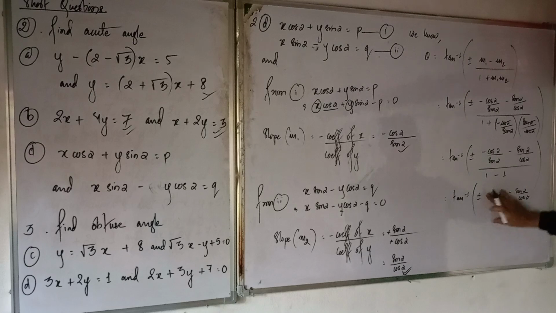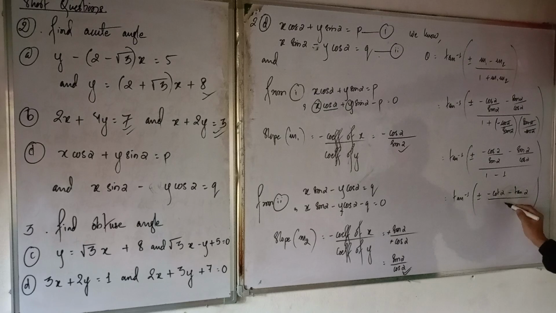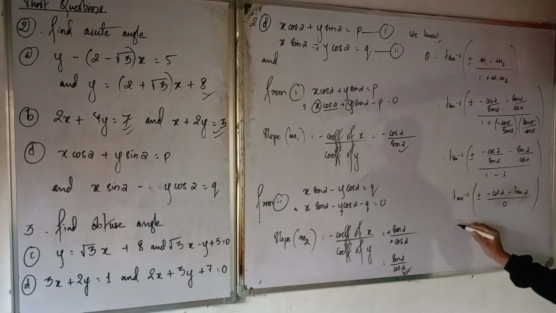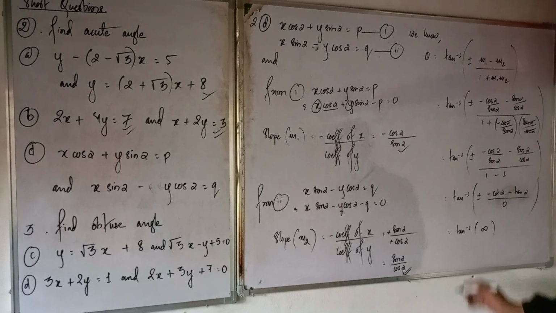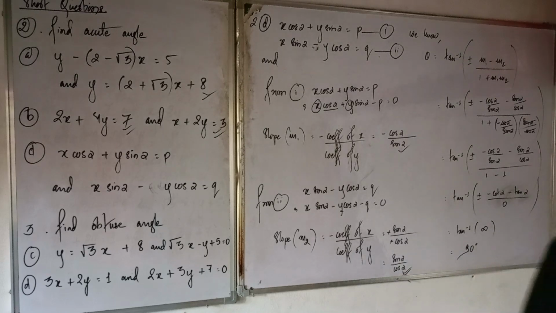If you find this very tedious, you can directly write cos by sin as cot alpha and sin by cos as tan alpha. Now 1 minus 1 gives 0 in the denominator. Something by 0 means infinity, so tan inverse of infinity is 90 degrees. So this is the answer.